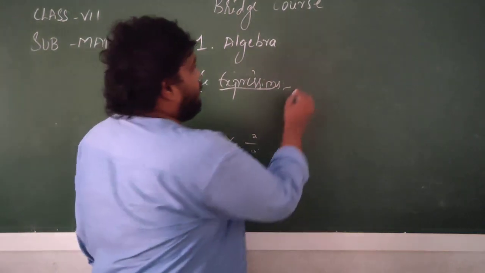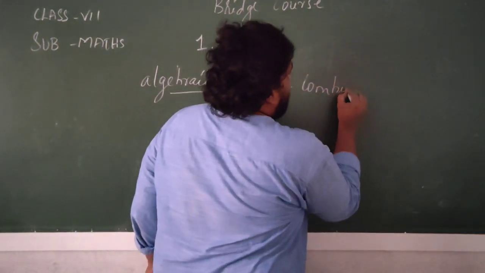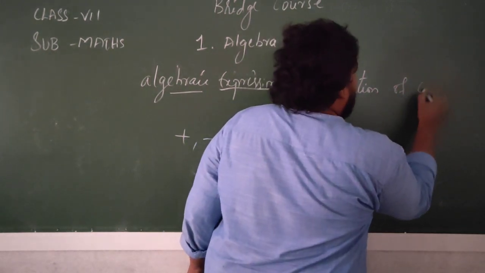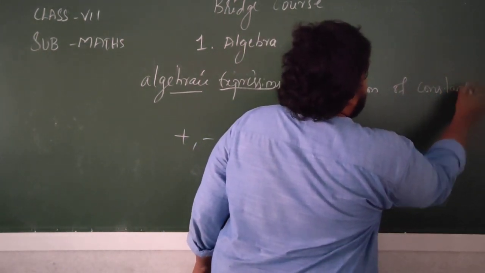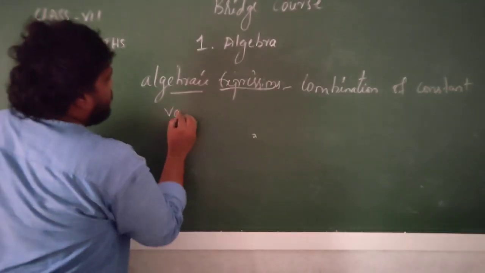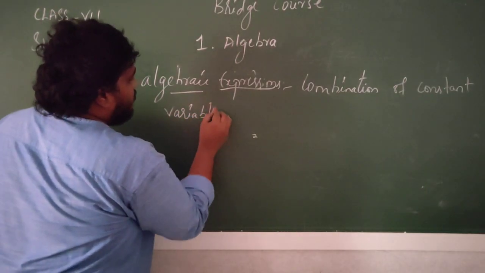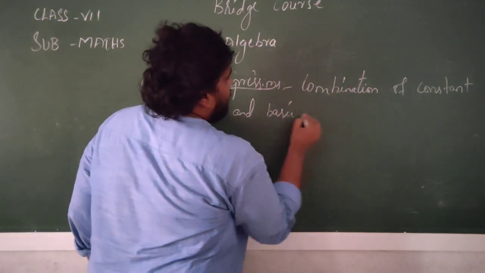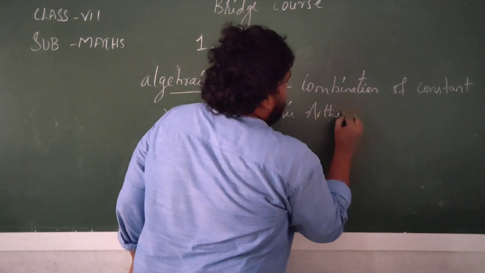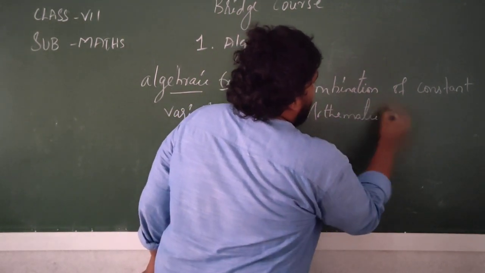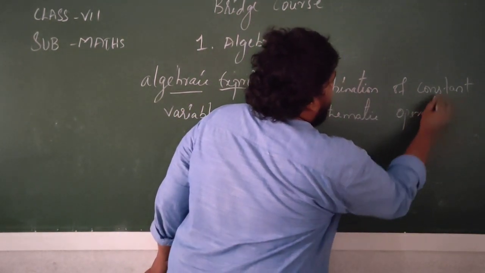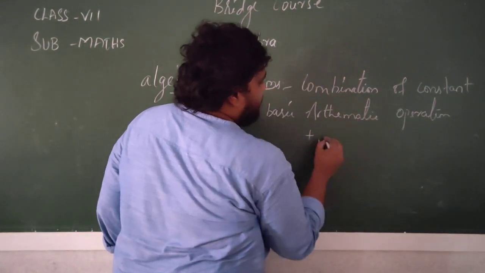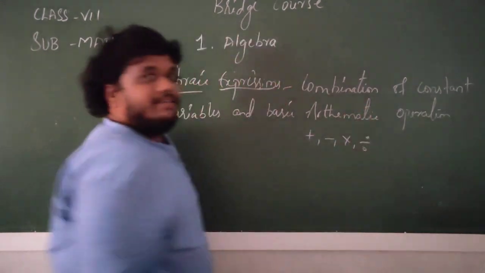The combination of constants, variables and basic arithmetic operations. The basic arithmetic operations are addition, subtraction, multiplication and division.